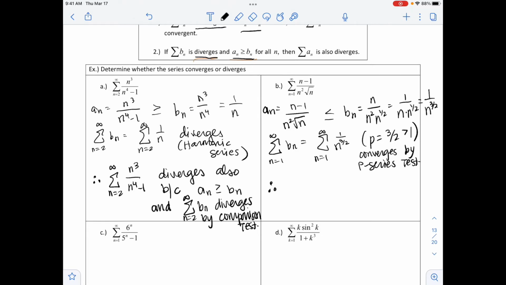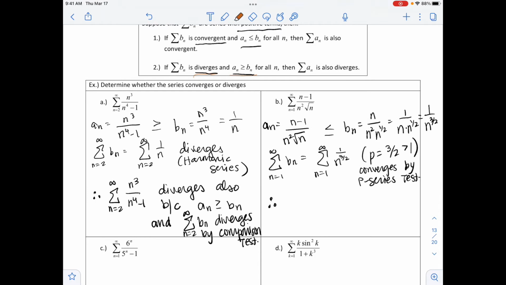Therefore, looking up above, if we know that b sub n is going to be convergent and a sub n is less than or equal to b sub n, we can also say that the series for a sub n is also going to be convergent. So therefore, the sum from n equals 1 to infinity of the original problem that we had, which is n minus 1 over n squared square root of n, converges also.